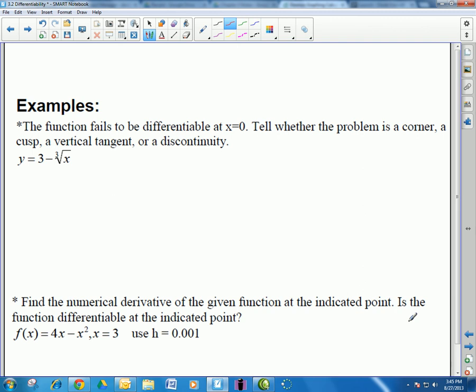If you graphed it, you'll know what it is, but hopefully you'll be able to tell right away because of this part. This is going to be a vertical tangent. You need to be able to do that without a graph and tell what it is.